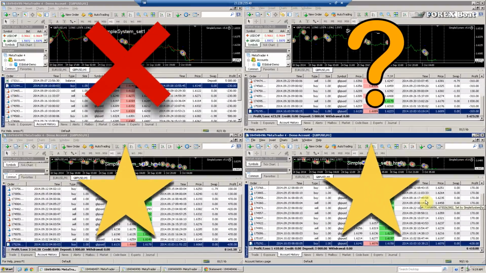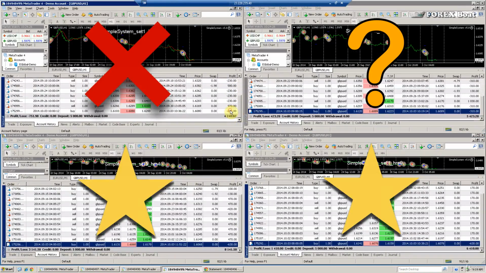This sums up our demo test. It was a great 4-week run, and I'm really glad that we got this kind of mix of sets, and you saw how sets that were profitable on the back test and forward test can turn out to create losses on real accounts.